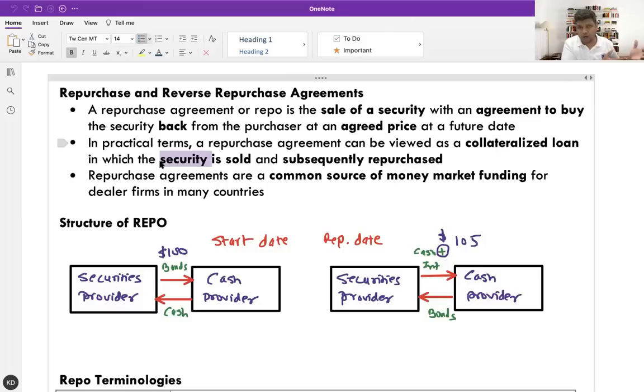Because CDs are unsecured, because interbank borrowing is unsecured, because central bank funds are unsecured. But repo is more secure. But why? Because I'm going to provide you security for getting funds. Is that clear? Now, what can this security be? This security can be reserves that the banks have in the form of government securities.